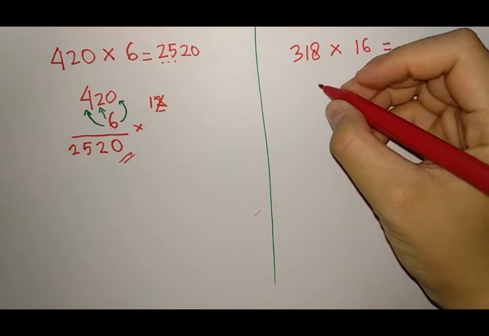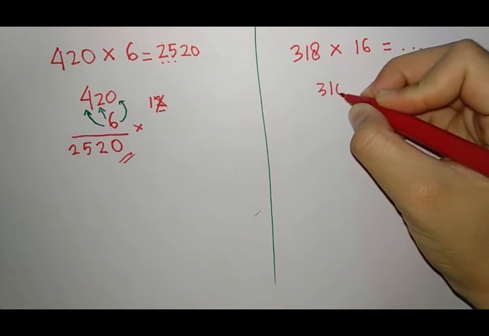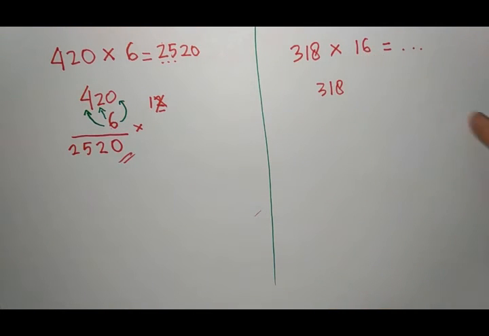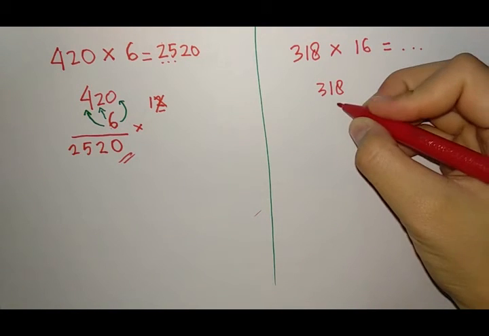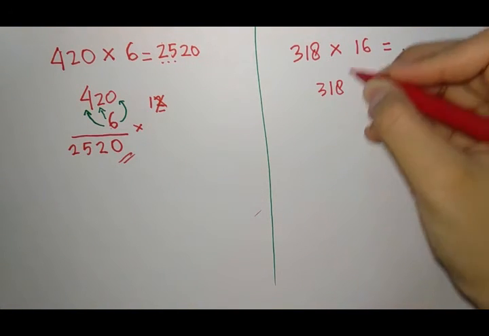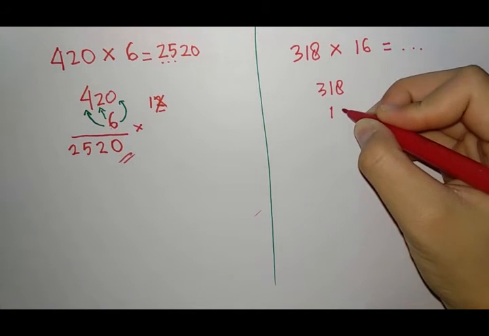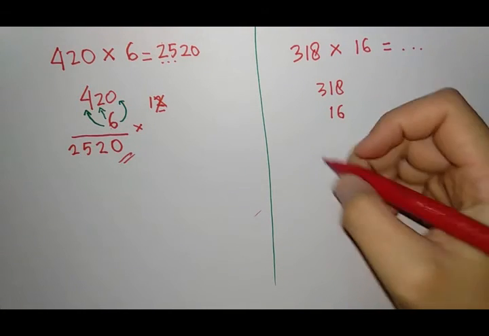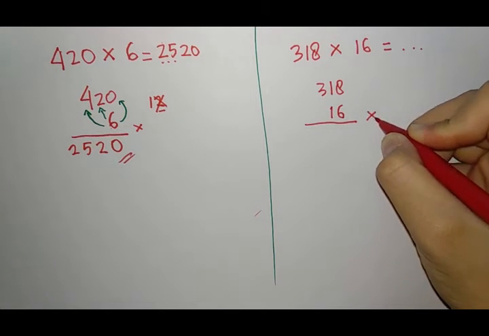So make a form: 318. 16 you have to place from the right. So 6 in the ones position and 1 in the tens position. So place 16 here, make a line, symbol multiply.